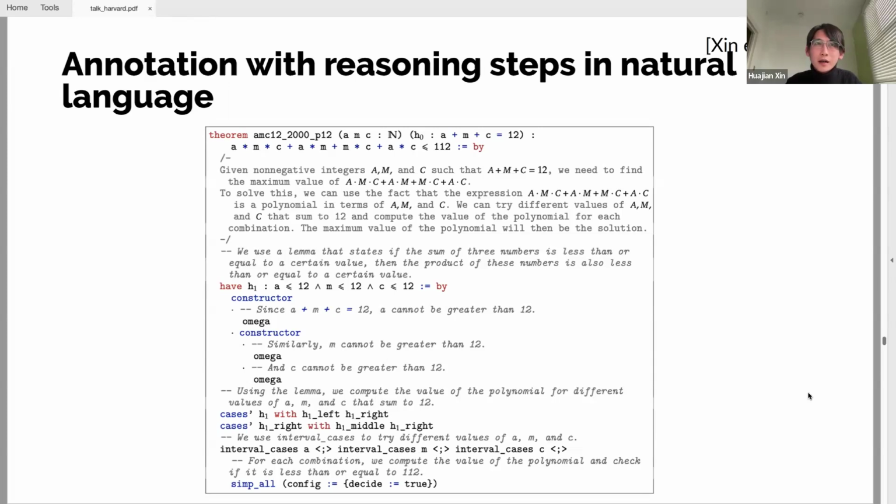What I consider is that there is one thing to be balanced. If we use very specific applications of tactics instead of very complex tactics, for example omega and norm_num, and we use very clear apply and rewrite commands, it really makes proof checking faster. But it also makes the proving problem more difficult for the language model.